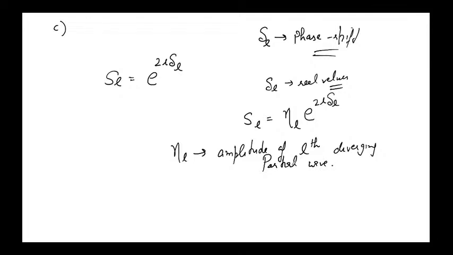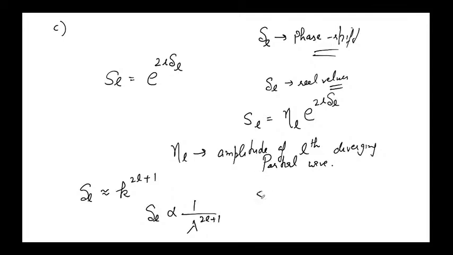This phase shift is a very complicated function of energy, or of the wave factor, but at low energies for this short range nuclear interaction, the phase shift can be written as proportional to k(2L plus 1), where k is the wave vector, or you can write it as 1 over lambda (2L plus 1).